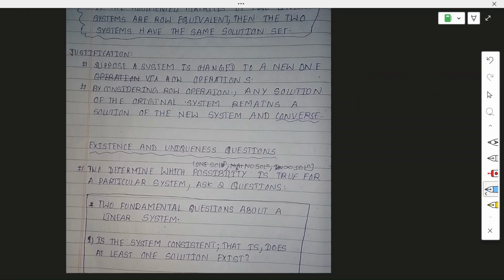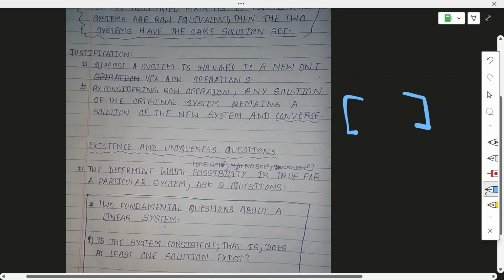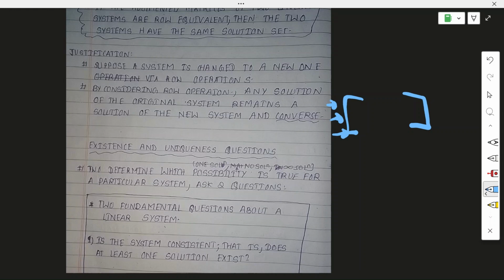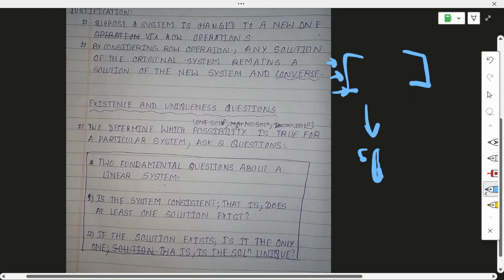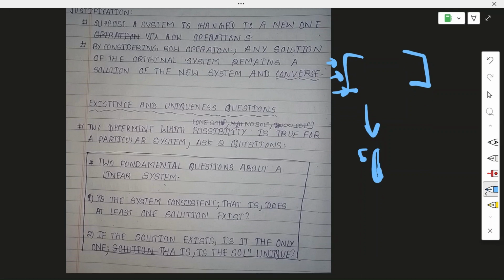Suppose a matrix is changed by row operations, when it is scaled, or added and multiplied with one another, or interchanged. But we can reverse them, which makes them have the same solution set. So any solution of the original system remains a solution of the new system and conversely under row operations.